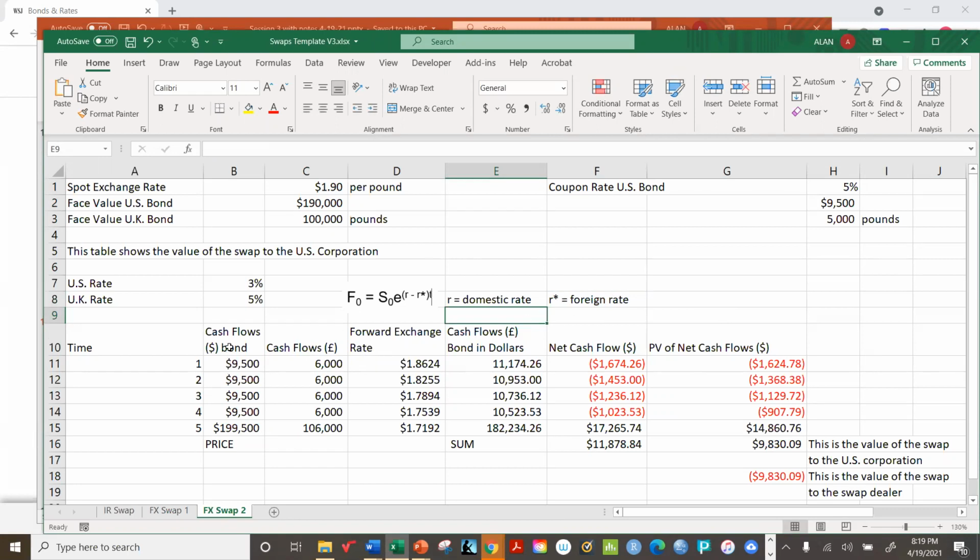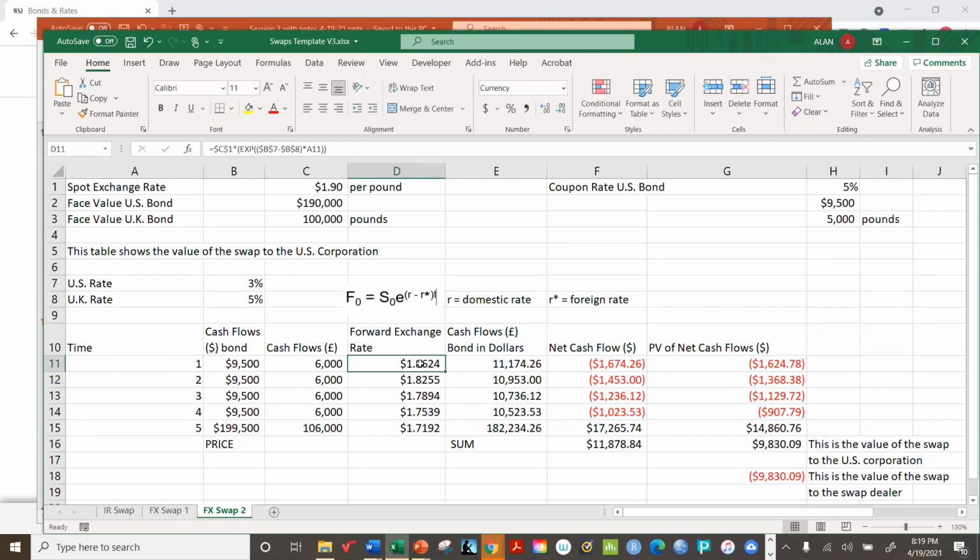So these are the actual cash flows. So I'm going to apply this formula to each of these 5 years. The only thing that's different from 1 year to the next is T. Okay, you see T there in the exponent.